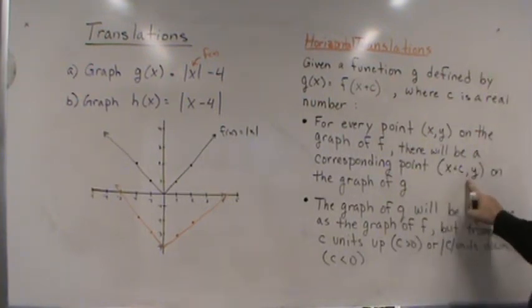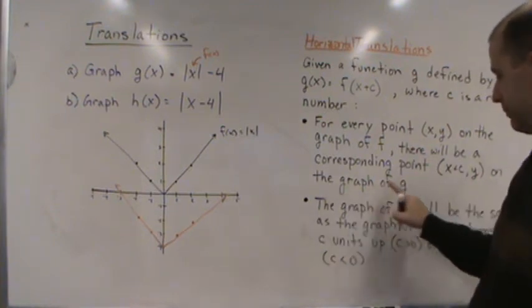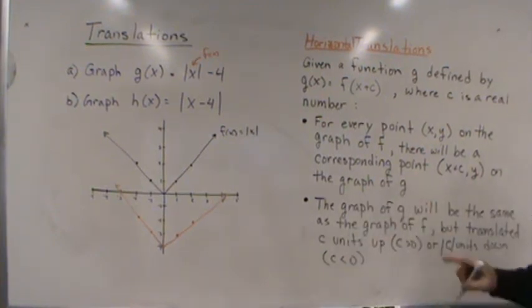X plus c comma y will also be on the graph of G. So what is it saying?